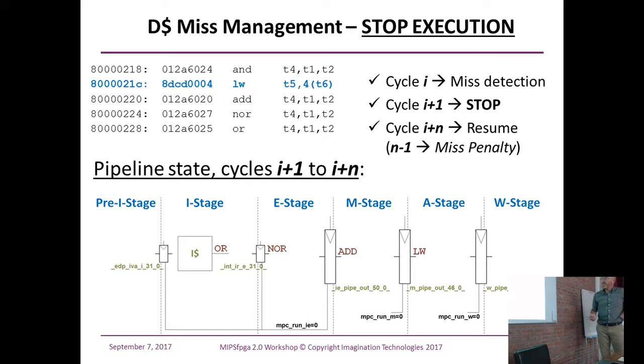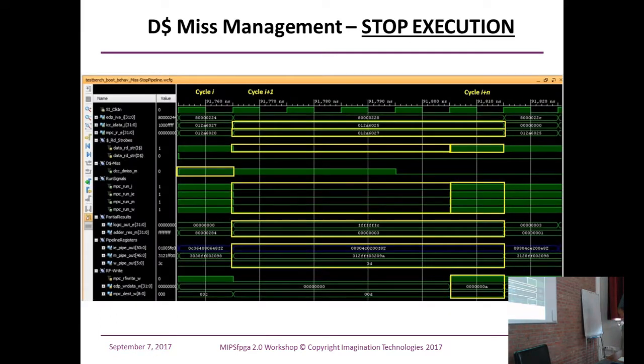First thing, we have to stall the pipeline, right? We have to stall the pipeline for some cycles. That's called the miss penalty, okay? The number of cycles that we have to stall due to a miss. You have a simulation of what happens, and you can see many things here, but let me highlight that for 4 cycles, many things in the pipeline do not change.